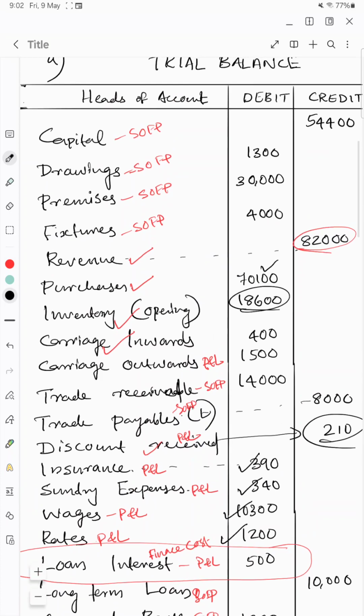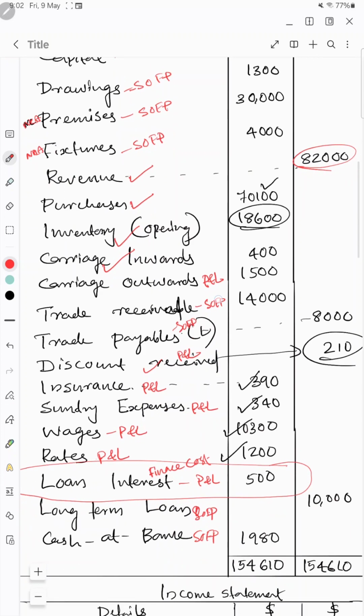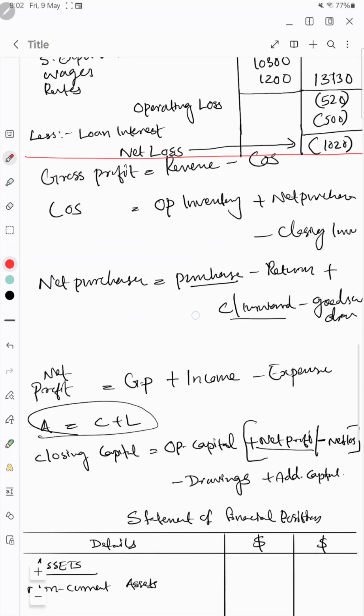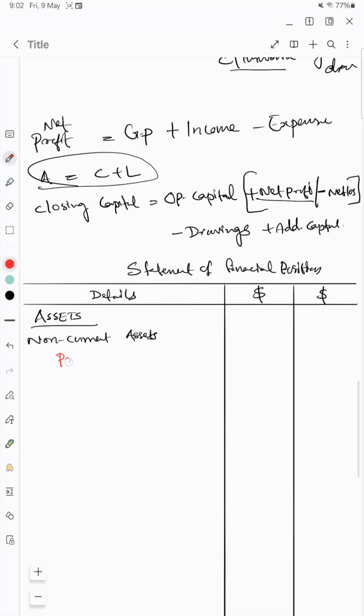We can directly take SOFP items. Premises and fixtures are non-current assets. Only we have premises and fixtures, so take premises and fixtures.